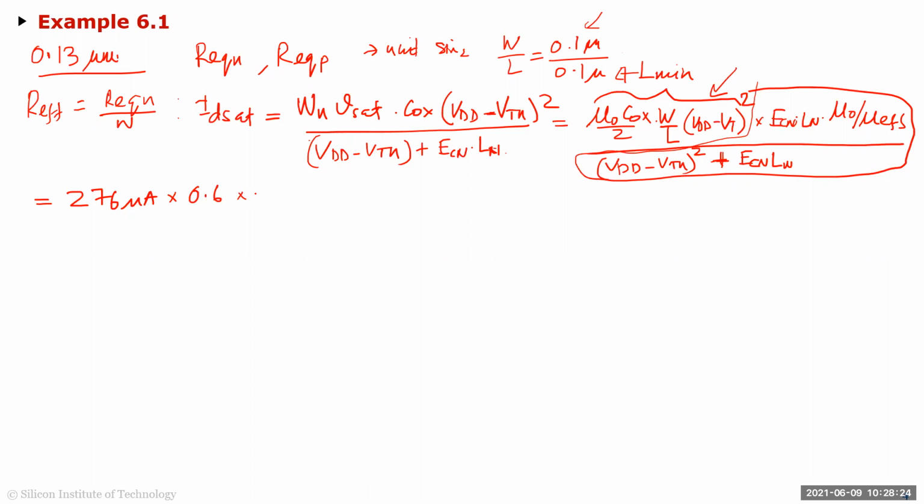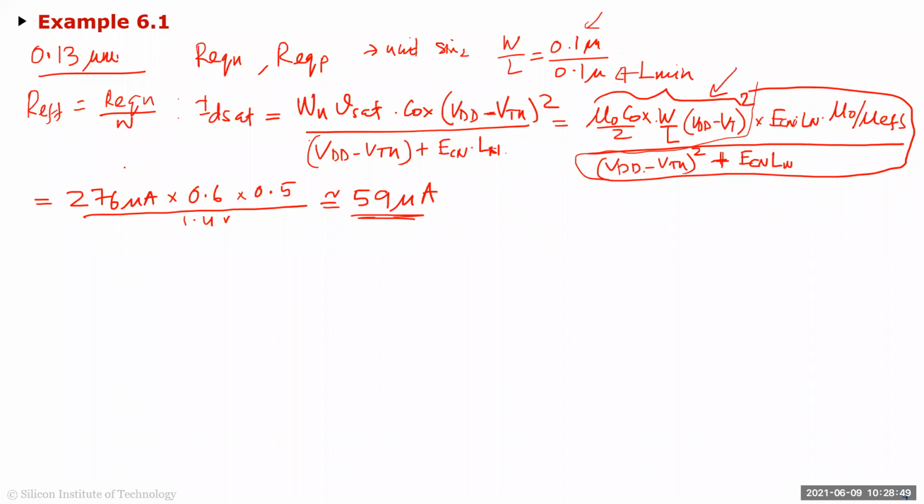Mu naught over mu effective for 0.13 is about 0.5 for NMOS, divided by 1.4, since this square plus ECN is 1.4 volts. That's approximately equal to 59 microamps.